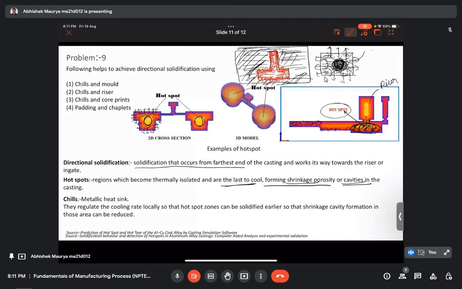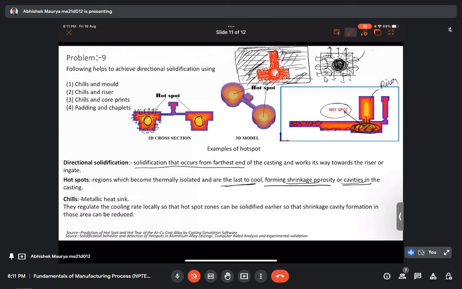Solidification will keep on happening like this, and then like this, but in between there will be a region like this that is left out. So basically we don't have any provision to put a riser or ingate near this region. Then how can we address the issue?